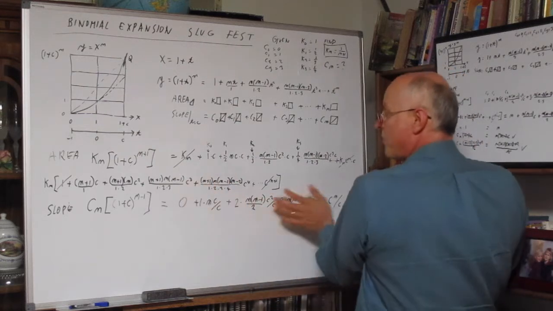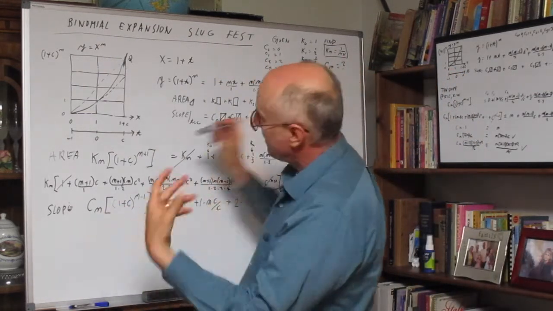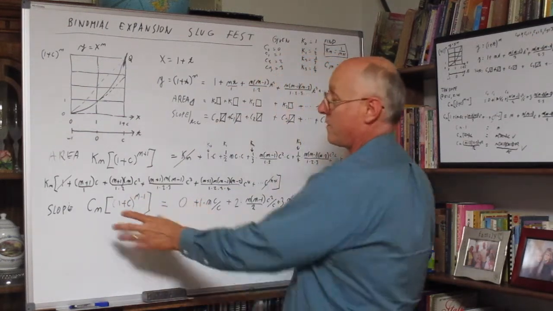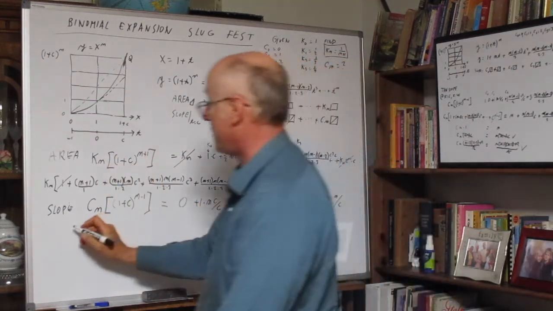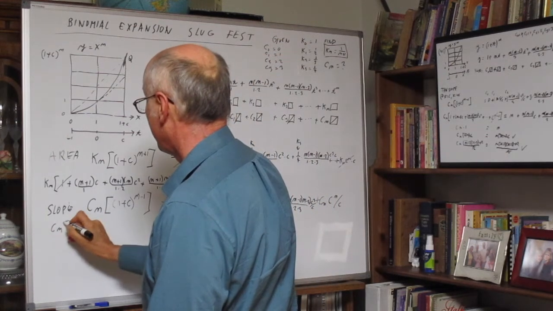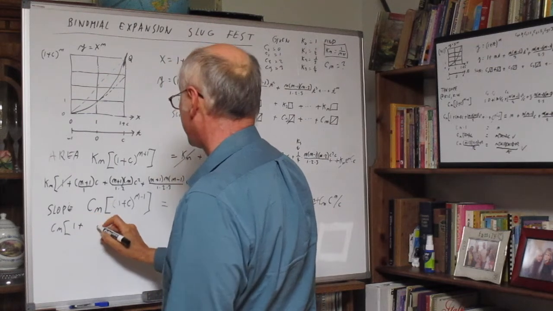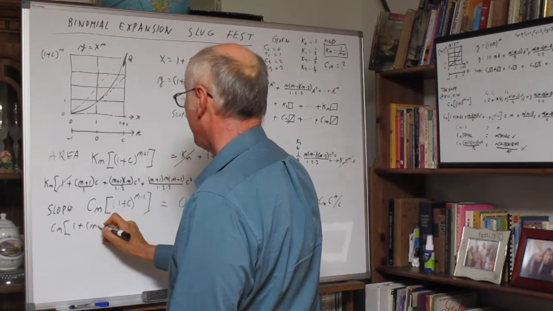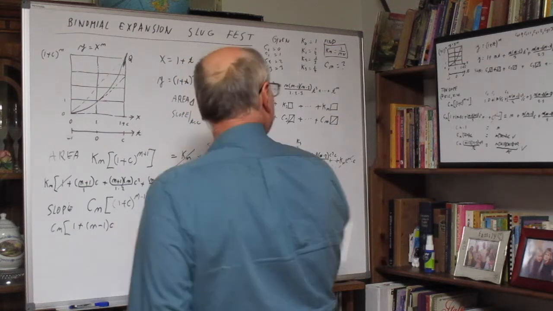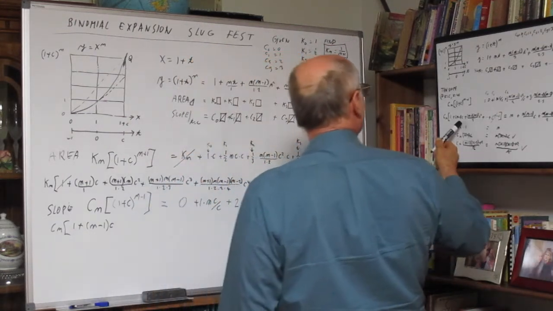So that's from the t perspective. Let's go back to the x perspective. We've got to expand this out, right? That's just another binomial expansion. So let's do it. C sub n times 1 plus n minus 1 times c. Okay, I'm checking.